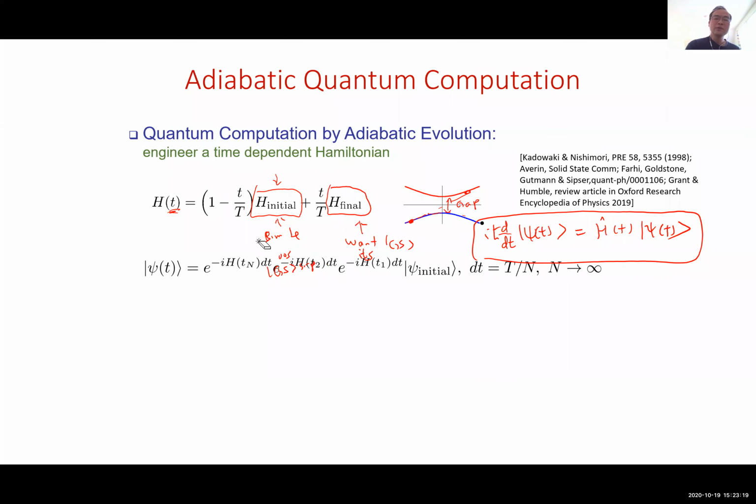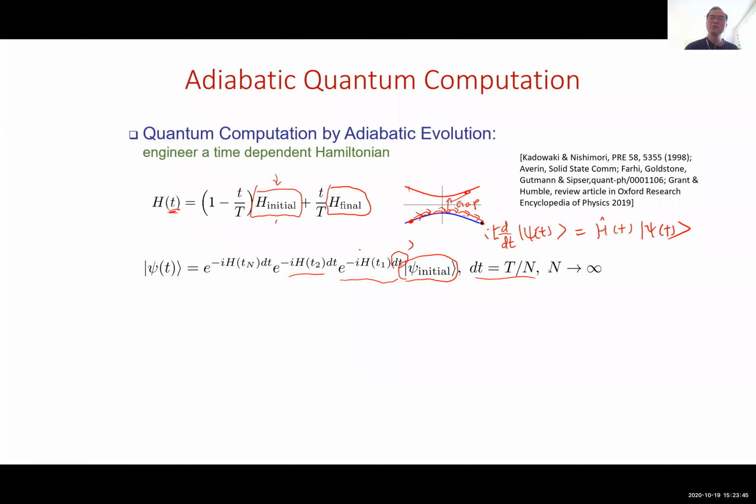Okay, but if you regard the evolution, basically what it does is you start with the initial Hamiltonian, you have some small t1, it evolves by a really small amount of time here, and then using a slightly different Hamiltonian it evolves again, right? You can imagine it's a discrete evolution, but you take the limit to 0.